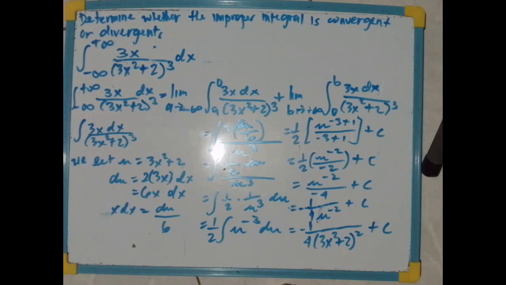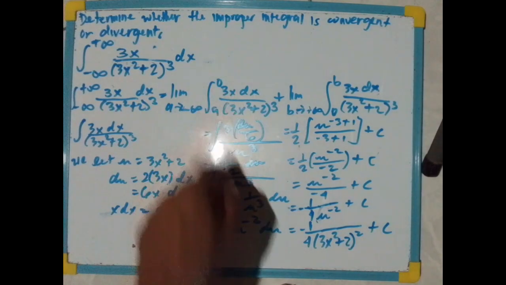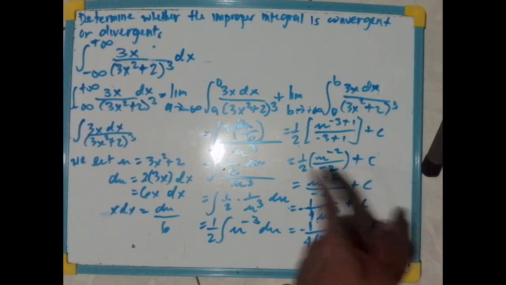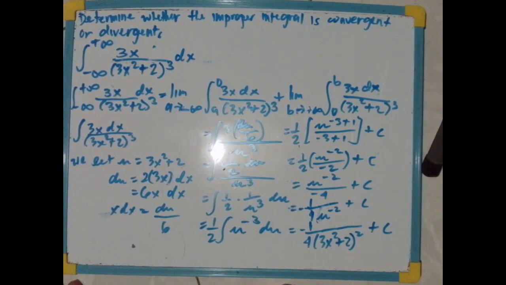For this item, we're going to determine whether the improper integral from negative infinity to positive infinity of 3x divided by the quantity of 3x squared plus 2 raised to the power of 3 with respect to x is convergent or divergent. So first, what is convergent and what is divergent?